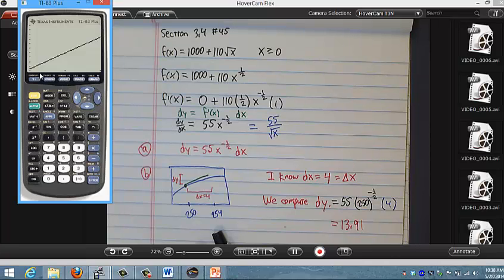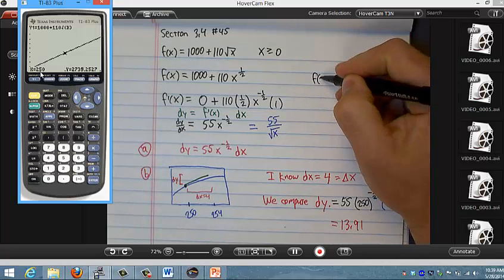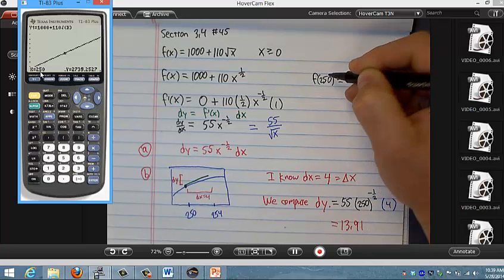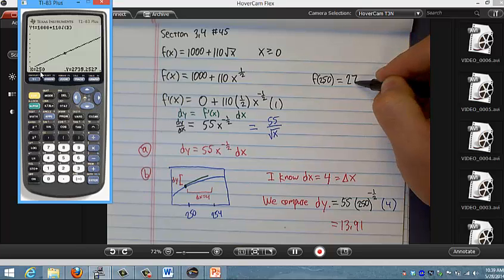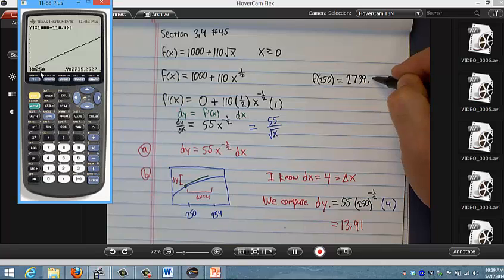Okay, but that's the increase, right? So if I trace, it tells me that when I compute f of 250, they didn't ask for this, but they could have. F of 250, it says, is $2,739.25.